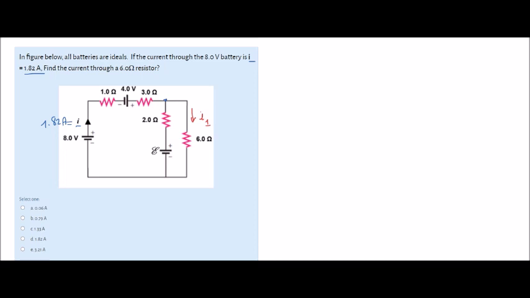So now we need to choose a loop. It's better to choose the loop where we have just one unknown, such as the exterior loop of the circuit. Let's write the loop rule.